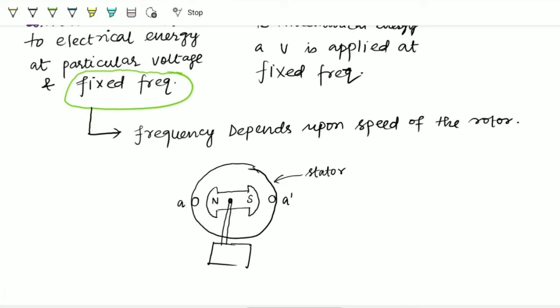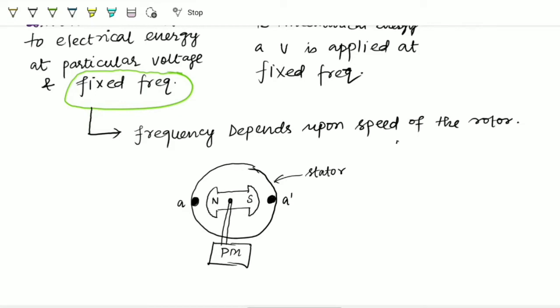Prime mover is a kind of arrangement which is used to rotate the rotor. So higher the speed of rotation, more number of cycles of induced voltage will be generated in the coil AA dash.